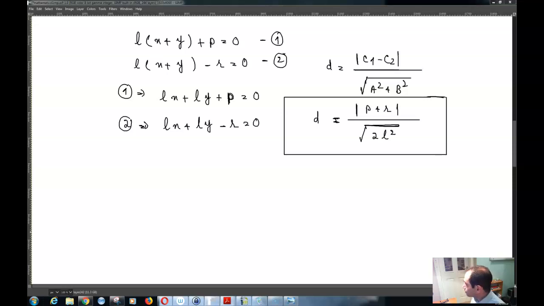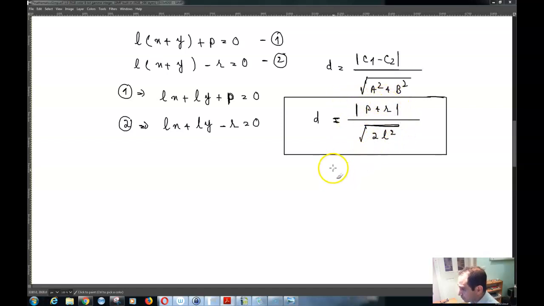Now let me see if my answer was right. Number 6 is 1 over square root of 2. Okay, so this is what they have done.